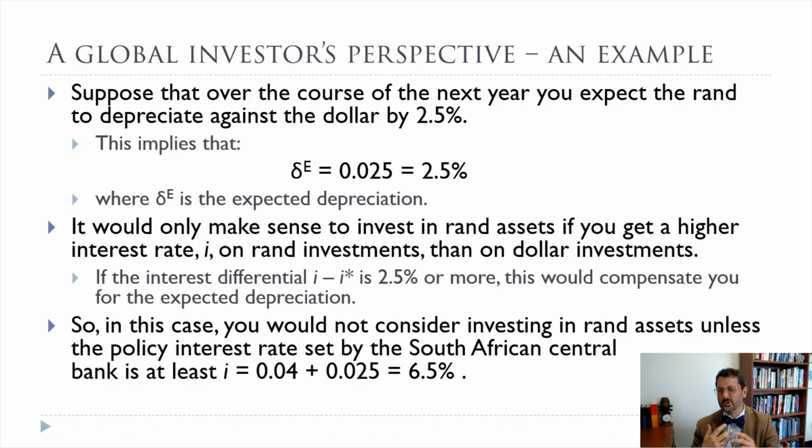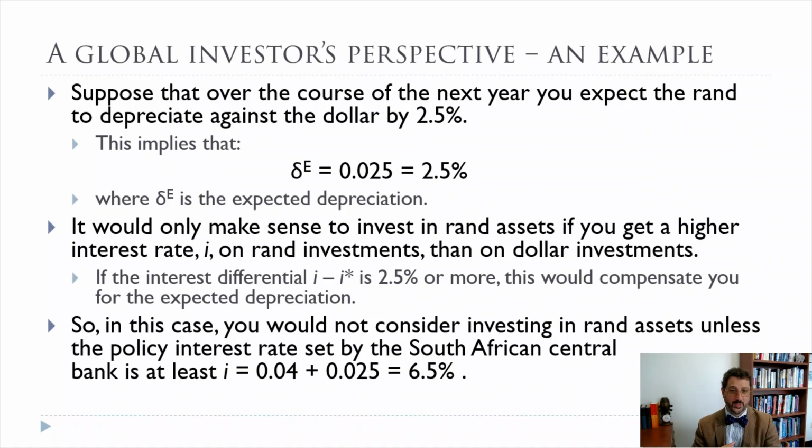Now, it's important to remember what expectations actually mean. Expectations are our belief about the future, but it doesn't mean that we're always right. There will be some people saying, well, no, I don't expect a depreciation of 2.5%, I only expect it to be 1.5%, and therefore I'm going to buy the South African bond.